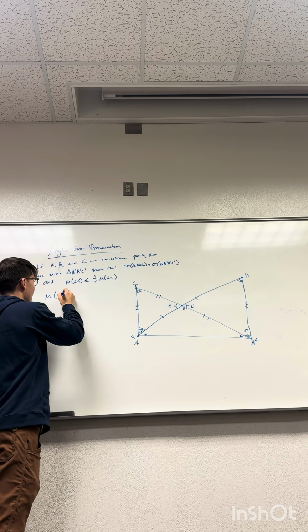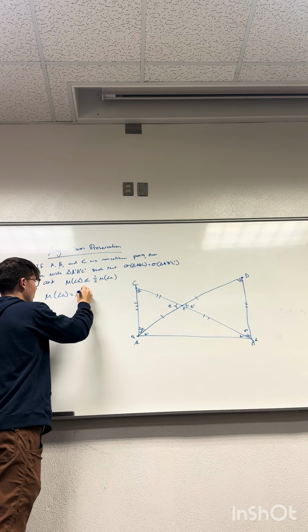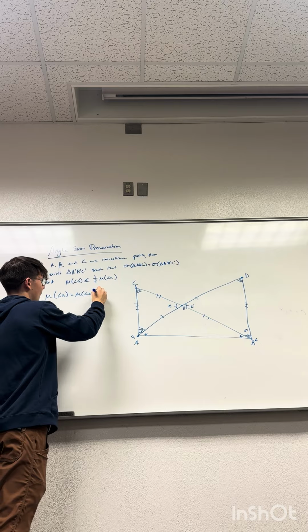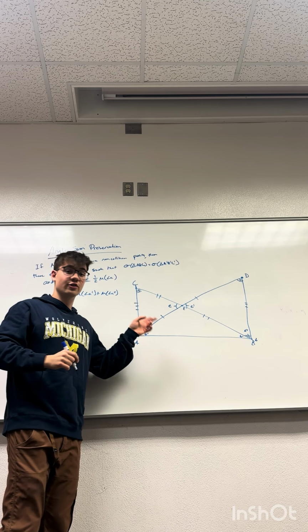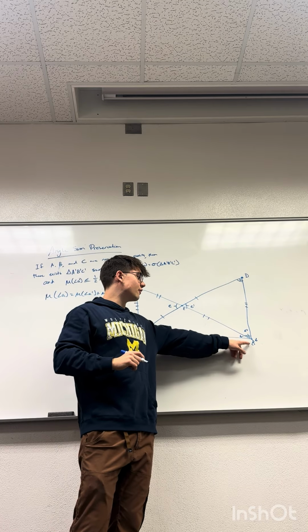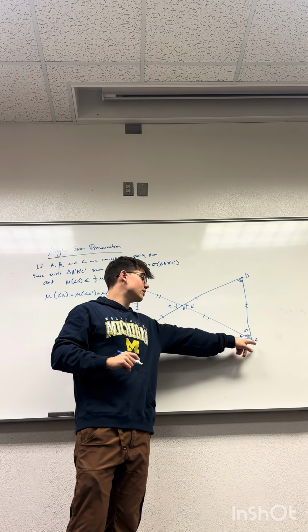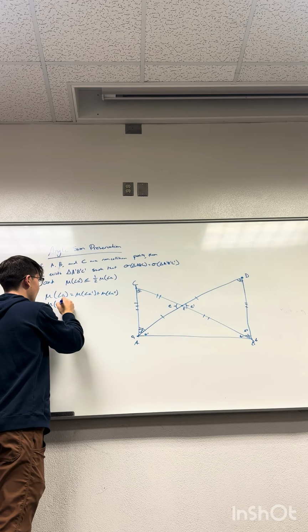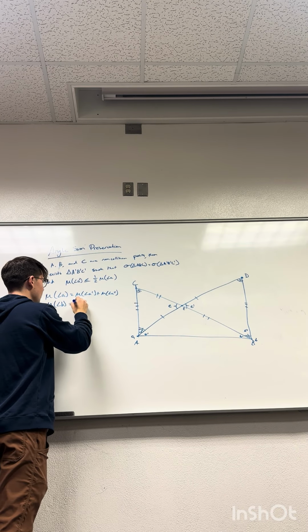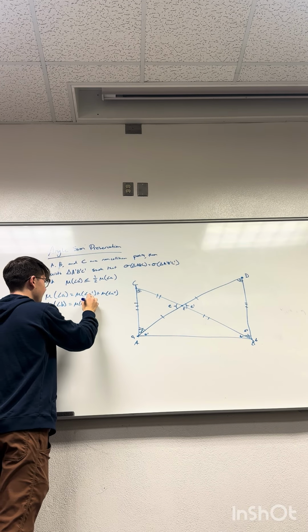So we know that this relationship is true, which we can see visually really easily. And the same thing for angle B, right? We see that it's made up of angles B prime and B double prime.